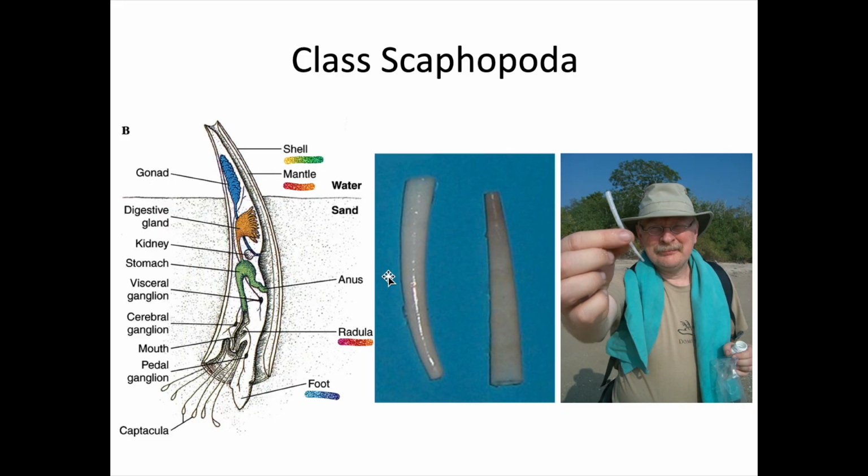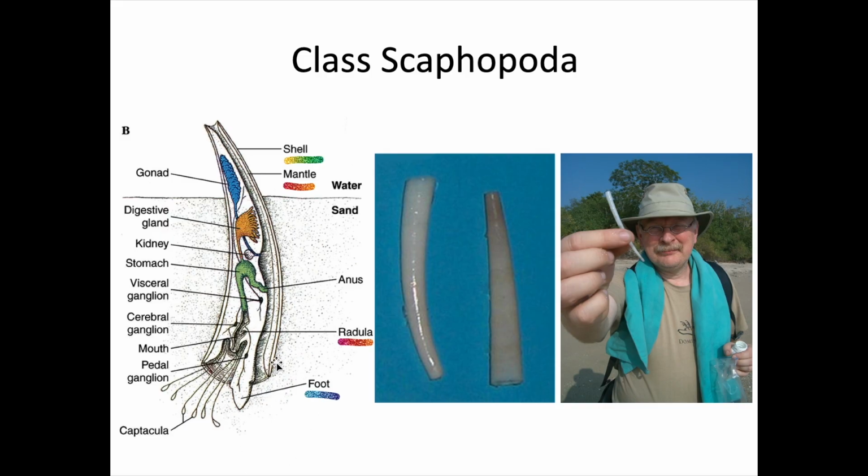So this is definitely not the first shelled mollusk we've seen, but the shell is different from the shell of snails or the shell of clams or oysters or chitons. Here, this is a shell that's shaped like a tusk, but it's open at both ends. So water can come in, it can be grabbed by the mouth, expelled by the anus, and then propelled back out again.